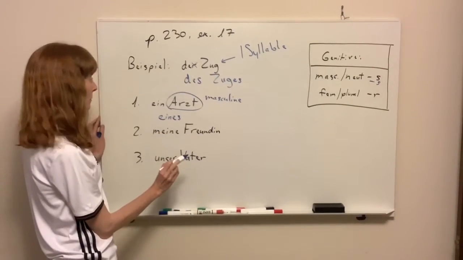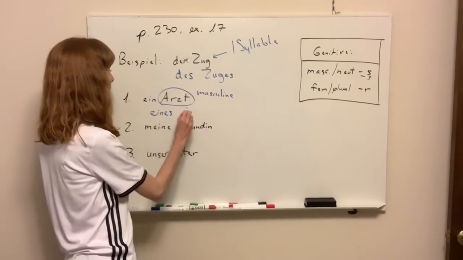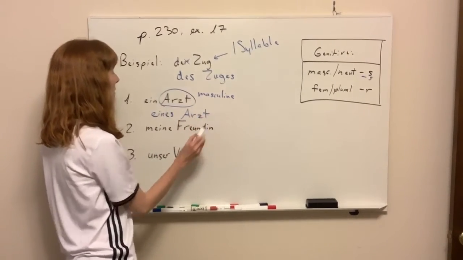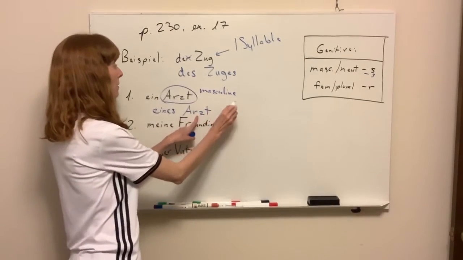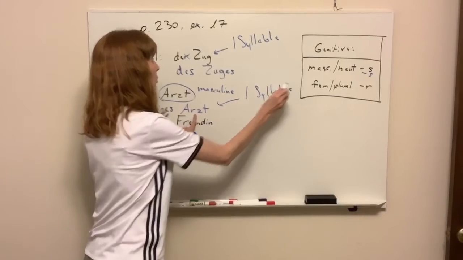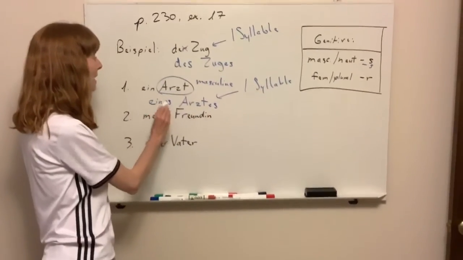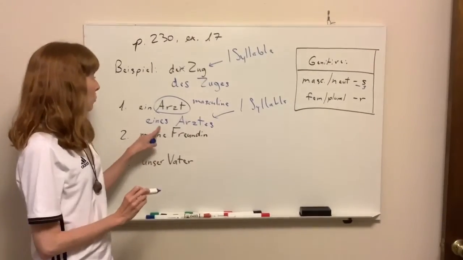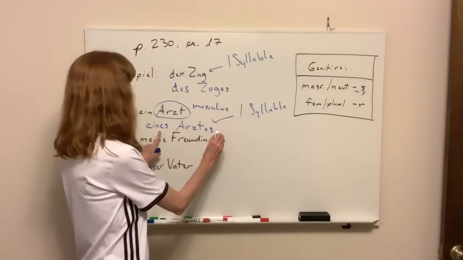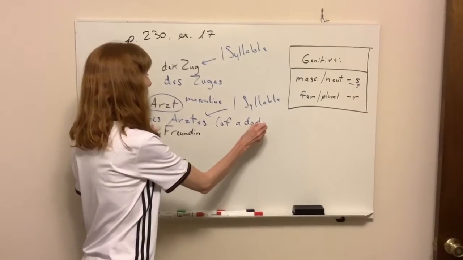Eines. Because remember, we want two syllables. Eines Arzt. And once again, that is one syllable. So we want to add an extra E when we put our S on it. Eines Arztes. Now what this would translate to is of a doctor.